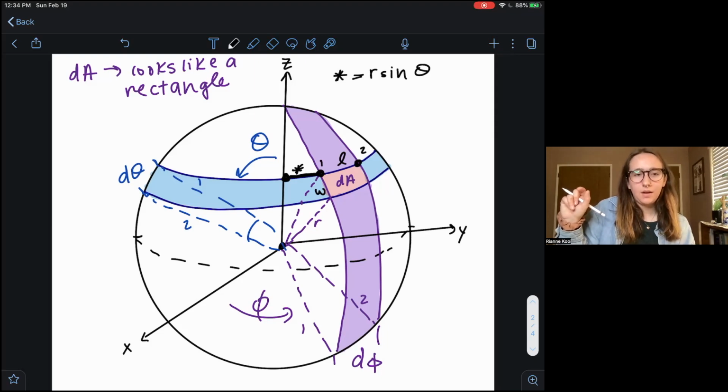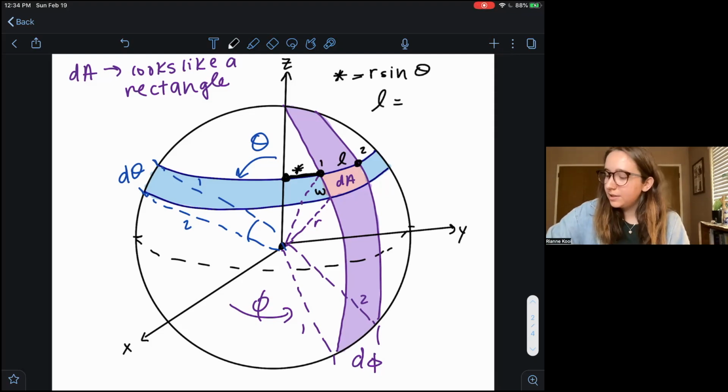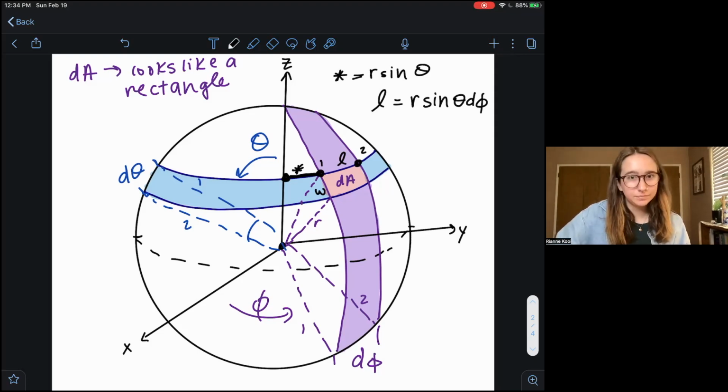And then from 1 to 2, our phi changes. So our length is r sine theta d phi. Okay, cool. So now let's do the width. So we have r. We're at the same r, but now we're constant on the phi purple right here from 1 to 2.